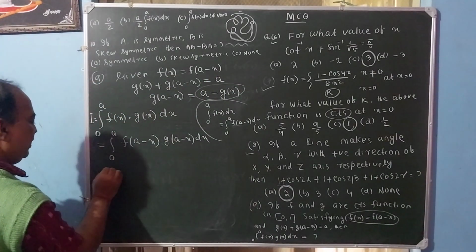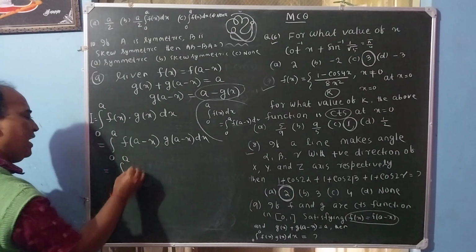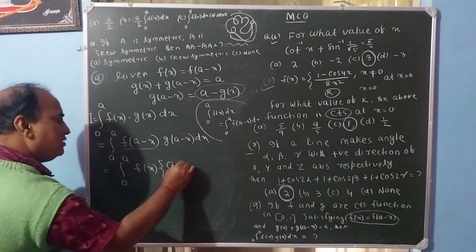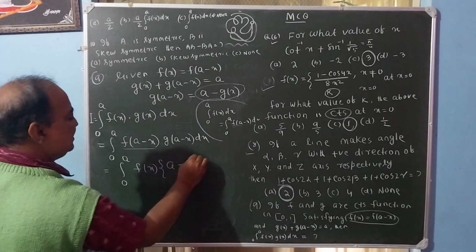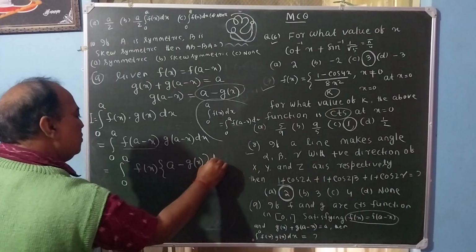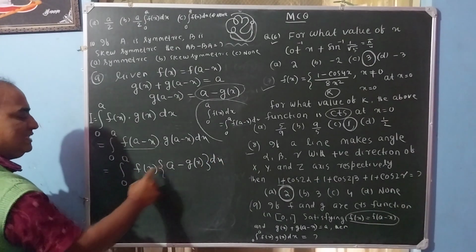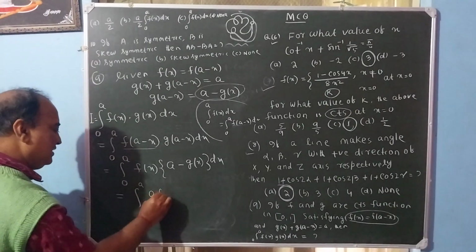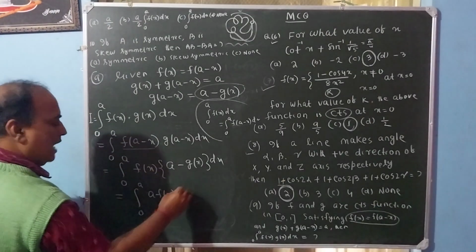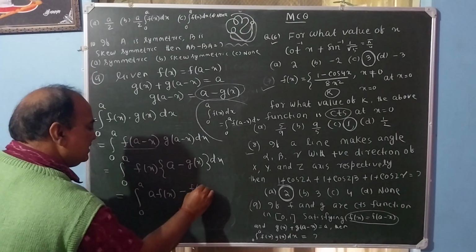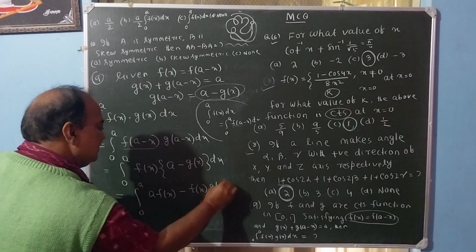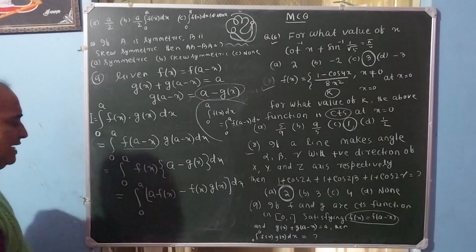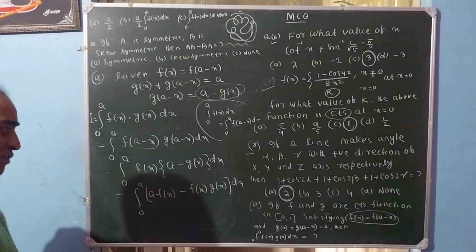So we get the integration from 0 to a of f(x) times (a minus g(x)) dx. Multiplying this out, we get integration from 0 to a of a f(x), minus f(x) g(x), dx.